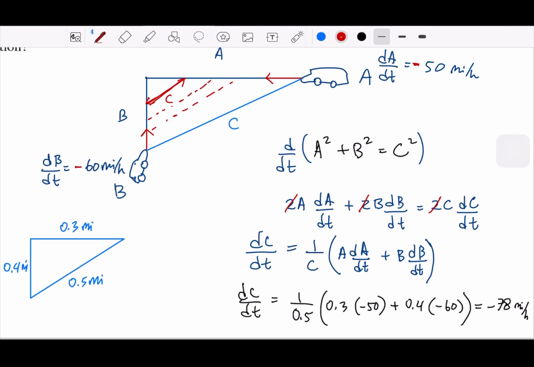So again, in related rates, do not overthink it. Maybe you pinpoint some other factor, something else, and then put it inside. It will be very difficult to solve.